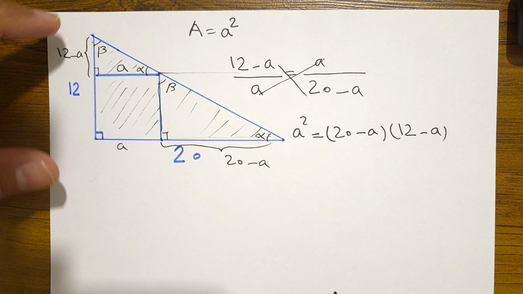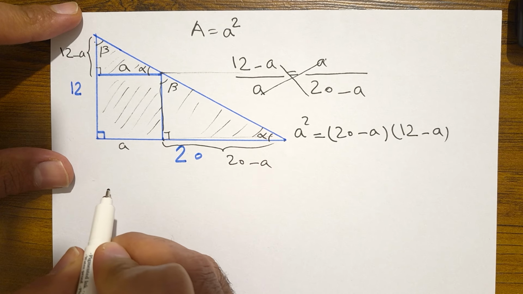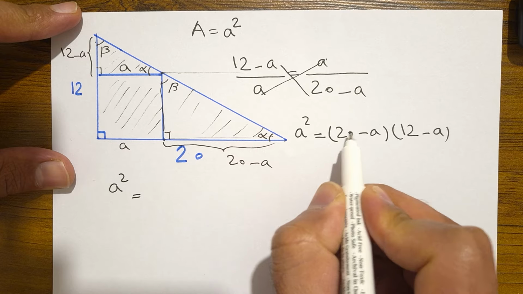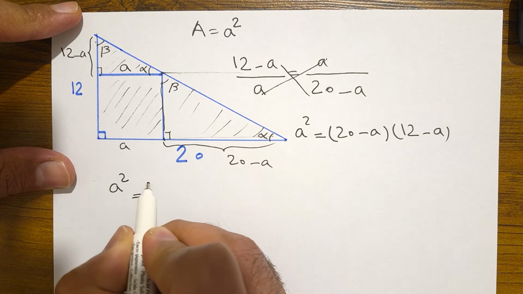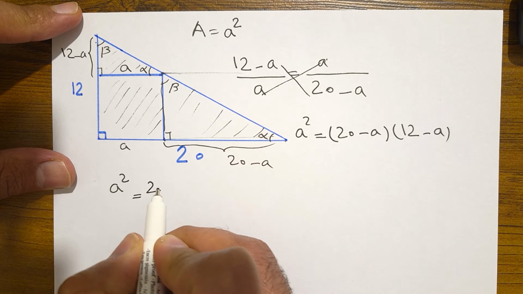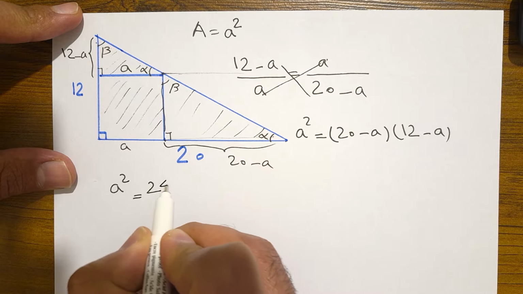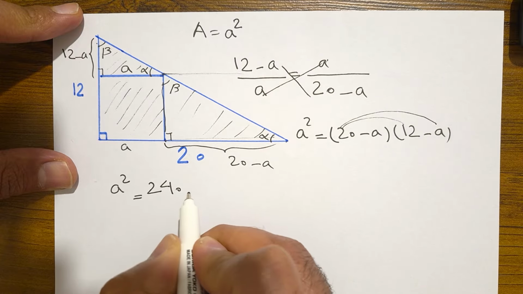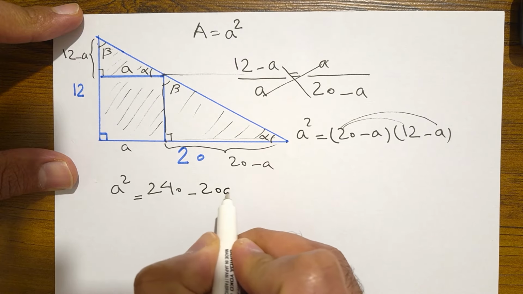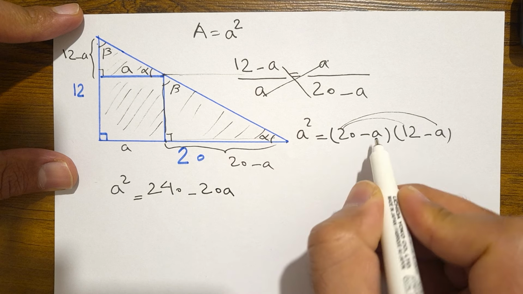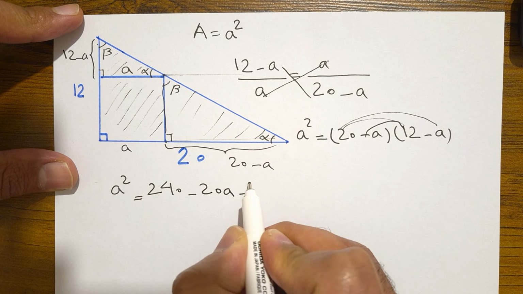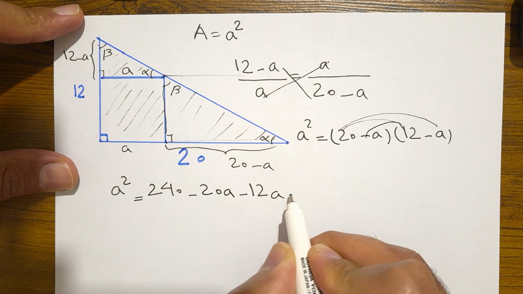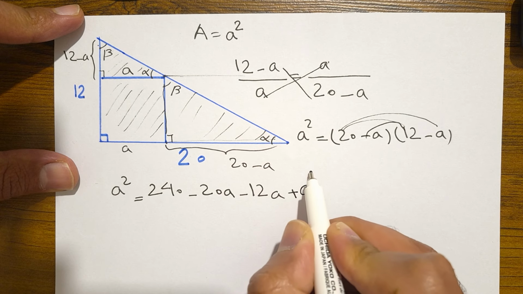Let's just expand this and write it here. So A squared equals 12 times 20, that's 240. Okay, so this part, and then these two terms, minus 20A, and then this one with this one, minus 12A, and then minus A times minus A, that's plus A squared.